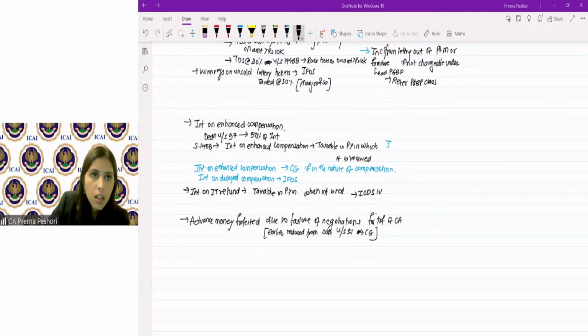Everybody forgot. Go back to your PGBP class and look at it and let me know what was the impact of employee contribution to PF. Yes, anyone?